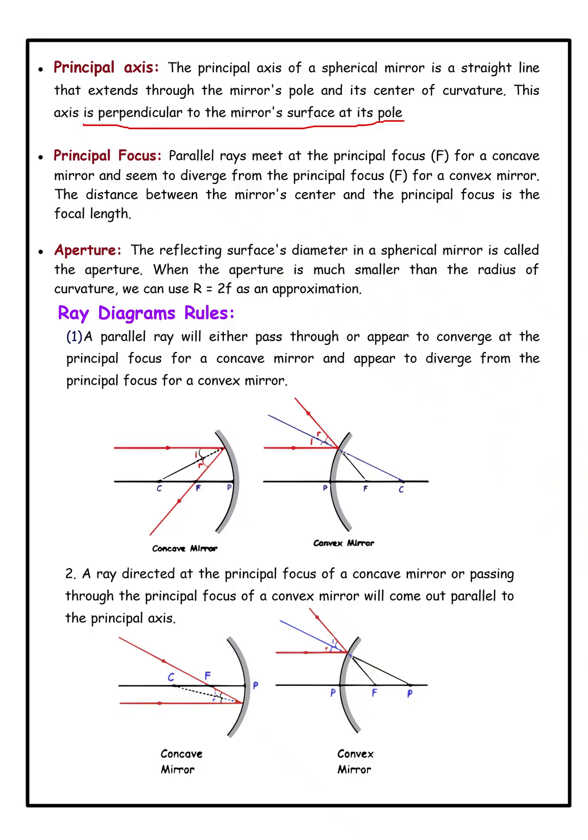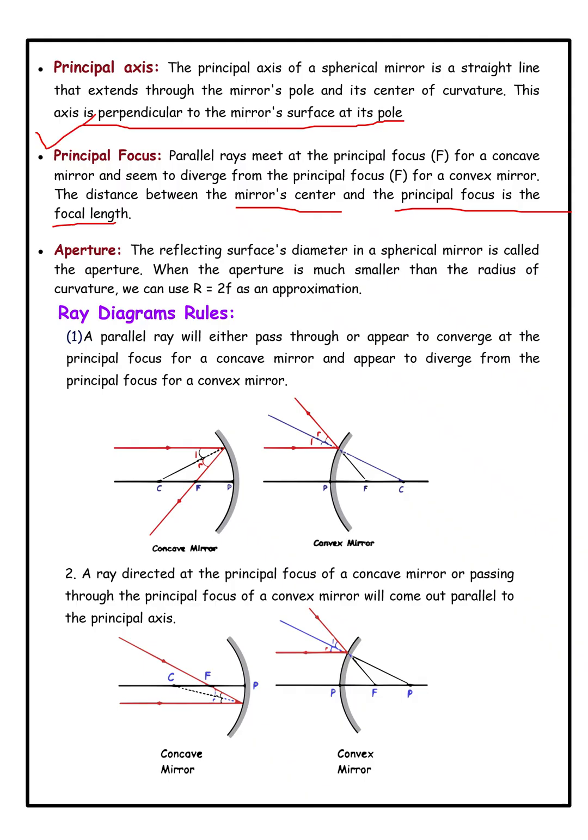Next we have the principal focus. Parallel rays meet at the principal focus, denoted by the letter F, for a concave mirror, and seem to diverge from the principal focus for a convex mirror. The distance between the mirror's pole and the principal focus is the focal length, which is very important.